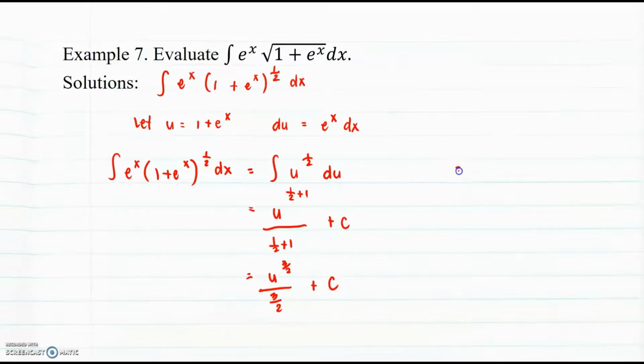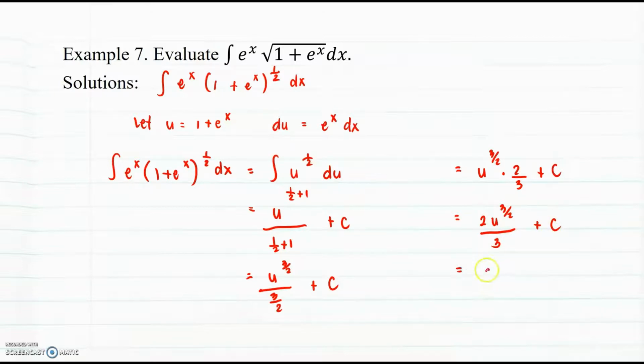Now we simplify our complex fraction, which is equal to u raised to 3/2 times 2/3 plus c. That would be 2u raised to 3/2 over 3 plus c. Substitute the value of u, which is 1 plus e raised to x.